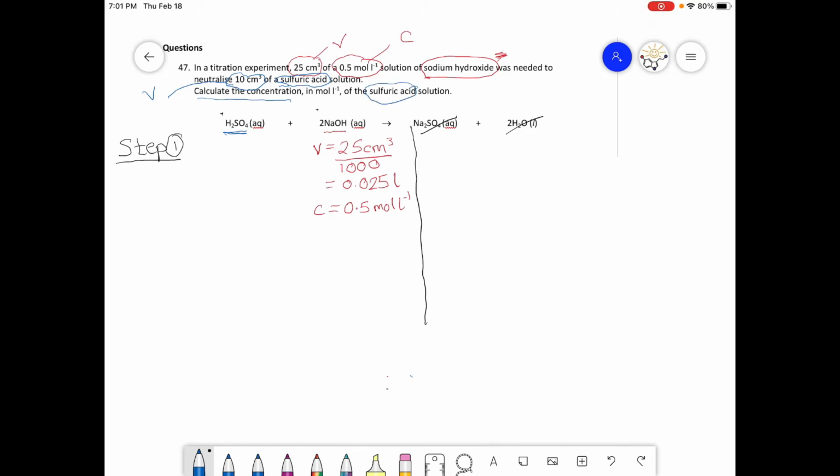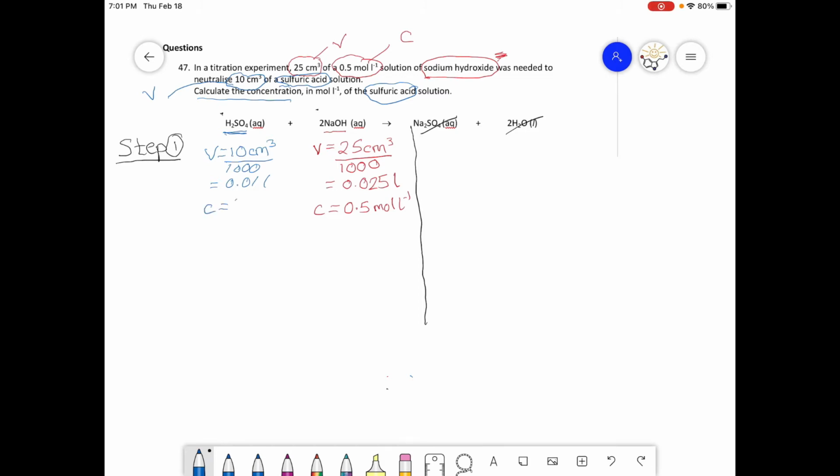So let's pick this information out. We are told that the volume of sulphuric acid is 10 cubic centimetres. So again, I'm going to put that into litres straight away. It's 0.01 litres. And we're asked to calculate the concentration.